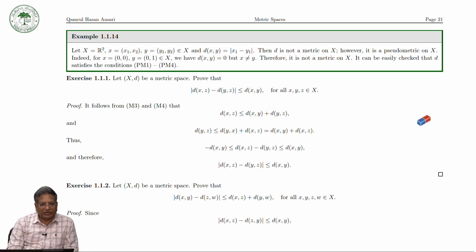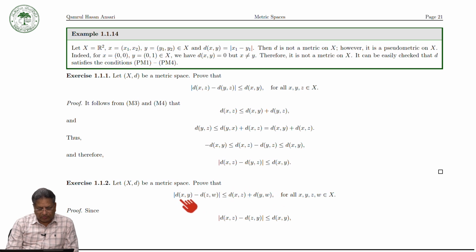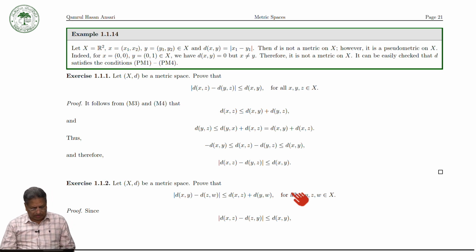Now the next exercise is to prove that the mod of dxz minus dyz is less than or equal to dxy, and also dxy minus dzw is less than or equal to dxz plus dyz. This you can also prove just by using the properties of the mod function.